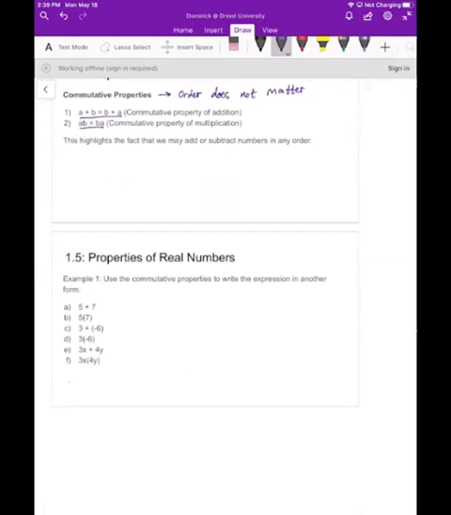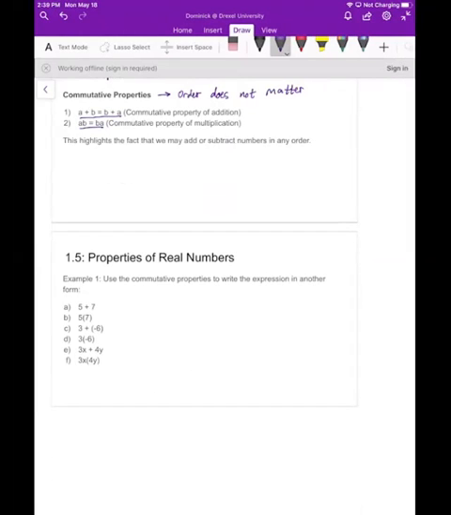Okay, so we want to use the commutative property to write each of these expressions in an alternate form. For example, if I have 5 plus 7, I can also say that's 7 plus 5. If I have 5 times 7, that's 7 times 5. For 3 plus negative 6, I could say negative 6 plus 3. Part D, we could say negative 6 times 3.